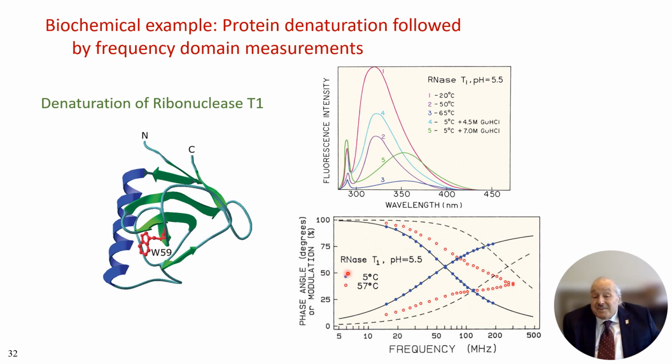But when you denature it, the decay just becomes increasingly multi-exponential. So you can follow the denaturation from the frequency response and how the intensity decay changes with the amount of guanidinium hydrochloride in this case.